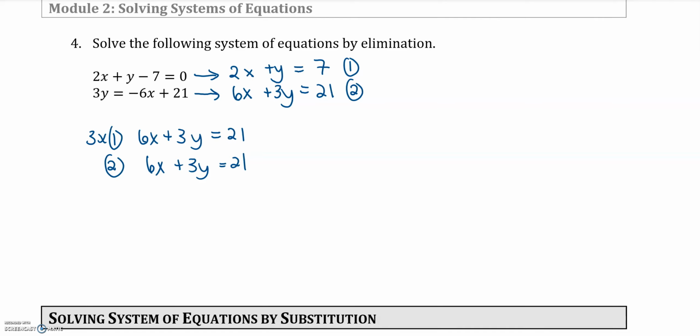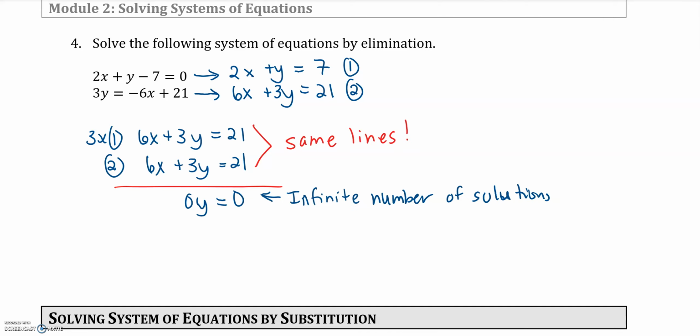Therefore, they're actually the same lines. And if we were to eliminate one of the variables, you will get that 0x or 0y is equal to 0, which is true for all values of y. Therefore, there are an infinite number of solutions.